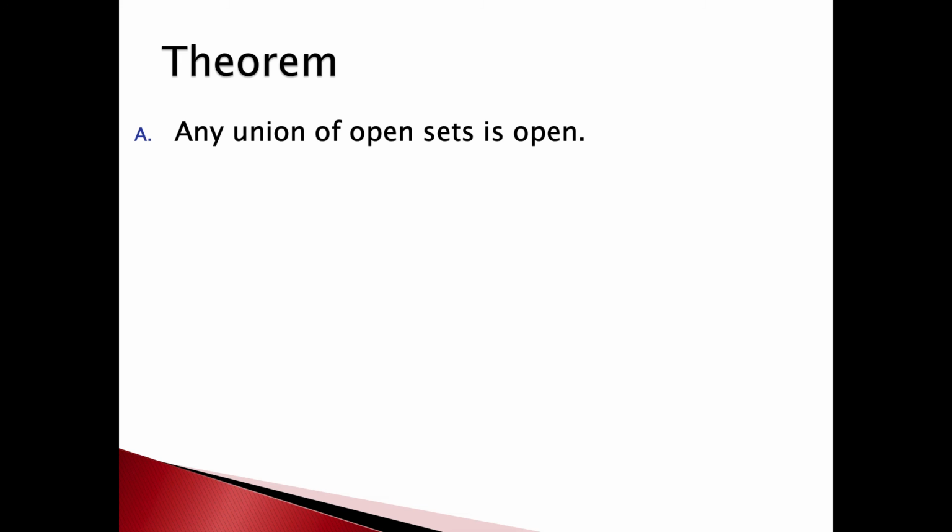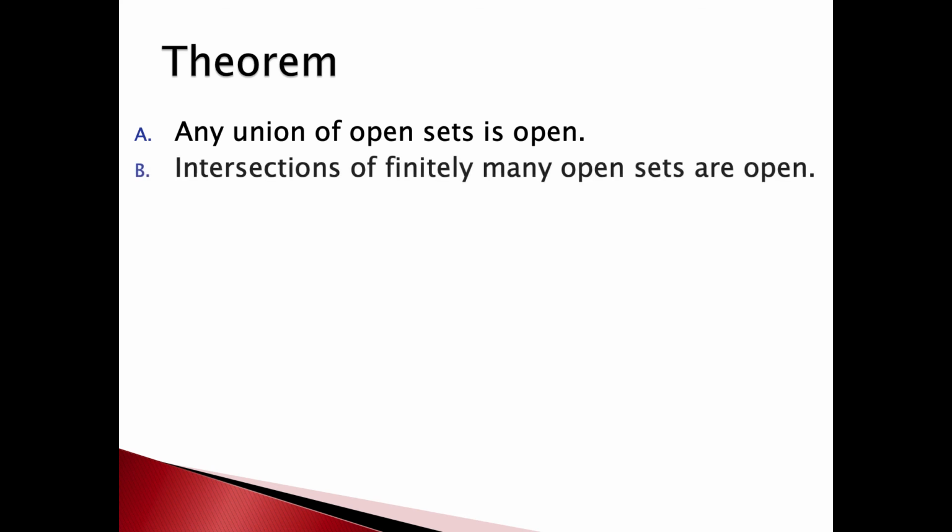Then, of course, when you union them together, that neighborhood will be contained in the union. So there we go. You can union two sets together that are open, and the result will still be open. You could union infinitely many open sets together, and they'll still be open. You could union uncountably many open sets together, and the result will still be open. So I think, oh, that's really cool.